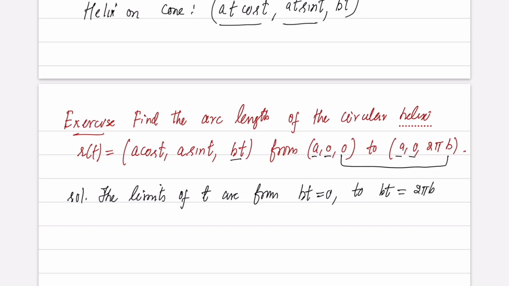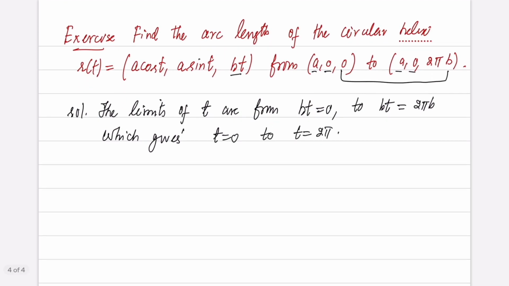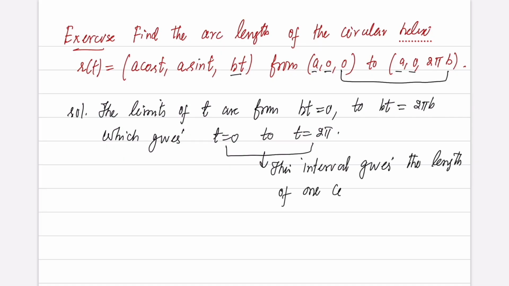Because the helix is wrapped around the z-axis, the z coordinate varies from 0 to 2 pi b, which gives t equal to 0 to t equal to 2 pi. Now, from 0 to 2 pi we have one complete rotation of a circle. So this question can also be asked as: find the arc length of one complete turn of a helix. This interval gives the length of one complete turn.